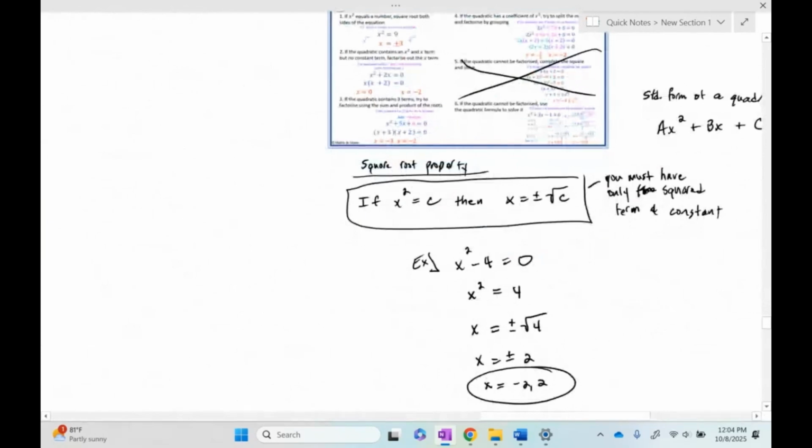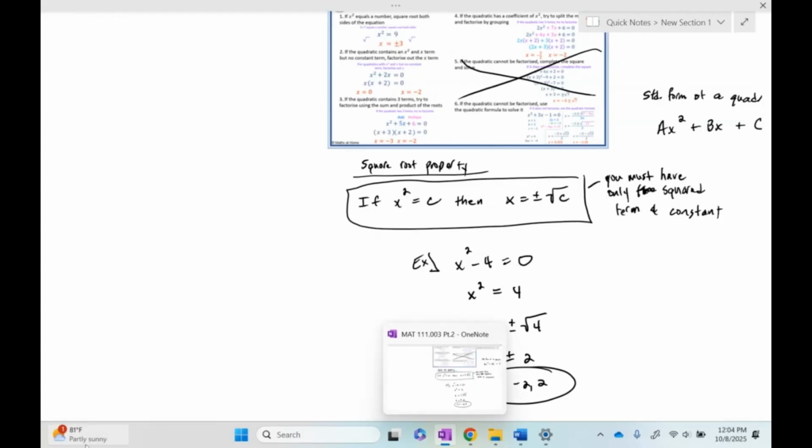then you could use the square root property, which means you could isolate for the squared term. So that means we need to put cosine square on the side of the equation by itself, move everything else to the other side, use the square root property, pull out the 2 numbers, and then answer the problem.